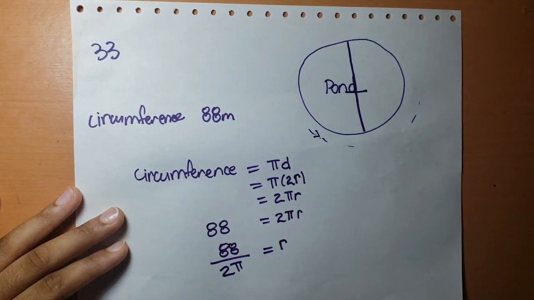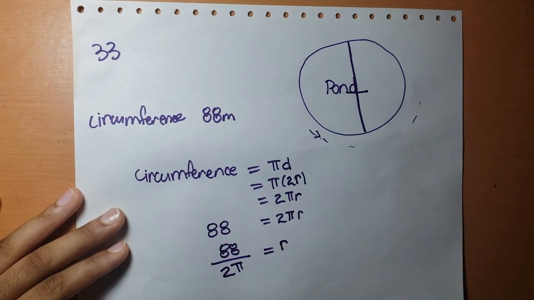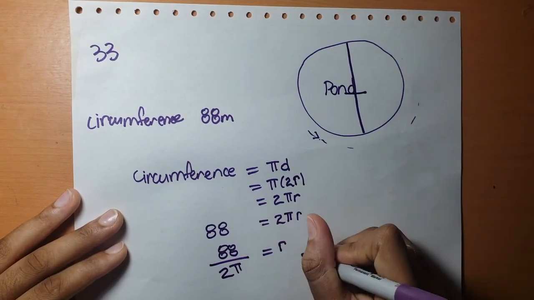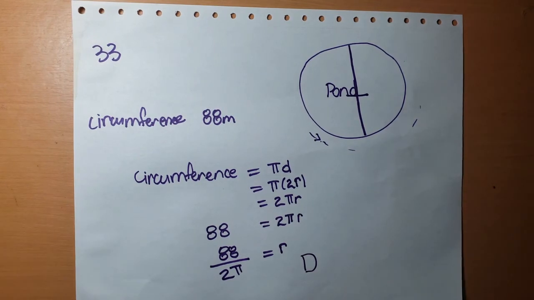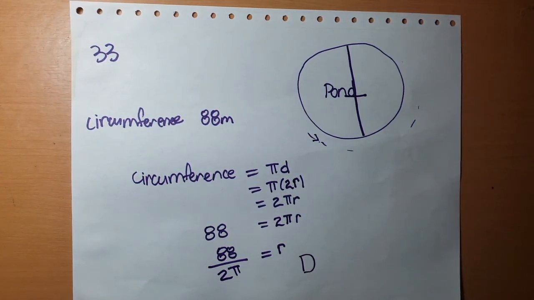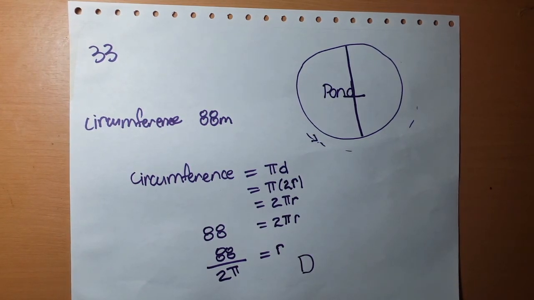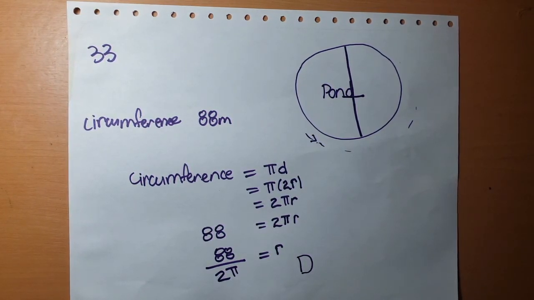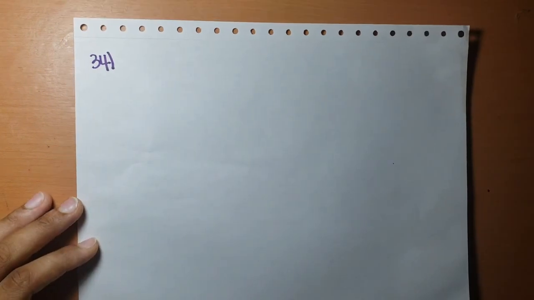So you can look at the options from now on, see the form that they wanted, and that is option D. Since you are not using calculators in the exam, you're not going to be asked to work out this with the actual number for pi, so you can leave pi as it is. So 33 is D. We are given another figure.